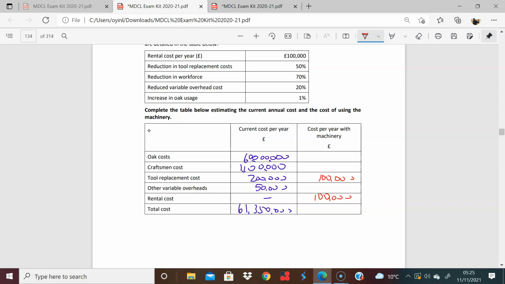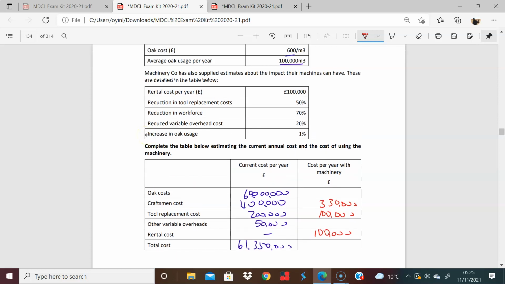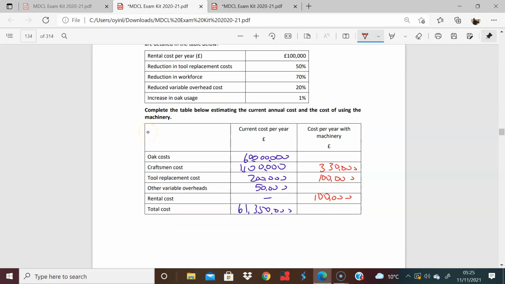So 0.3 times 1,100,000 becomes 330,000. Your variable overheads will reduce by 20%, so only 80% of this will matter. 0.8 times 50,000 is 40,000.